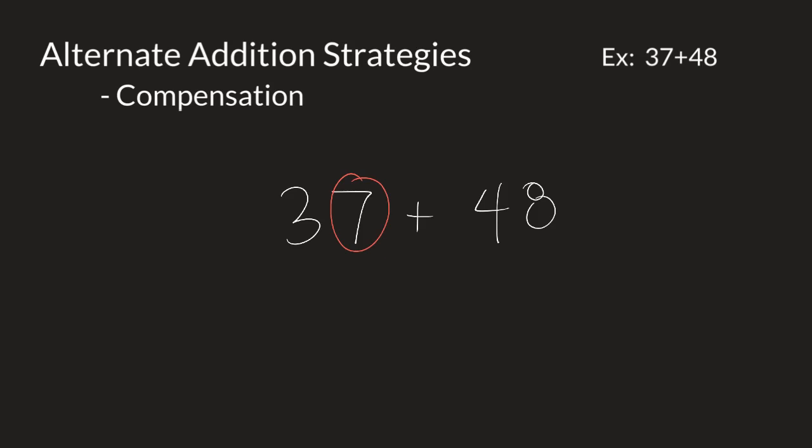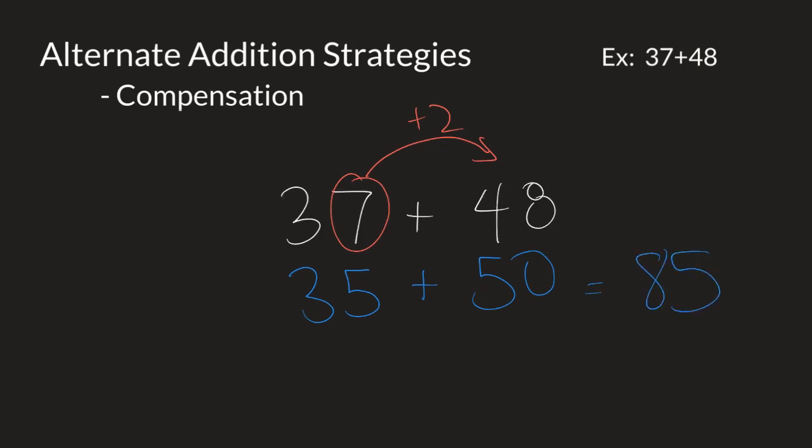So if we took these ones, we would add 2 to this one. And what would that do? That would turn this into 35 plus 50. 50 is an easier number to add than 48.